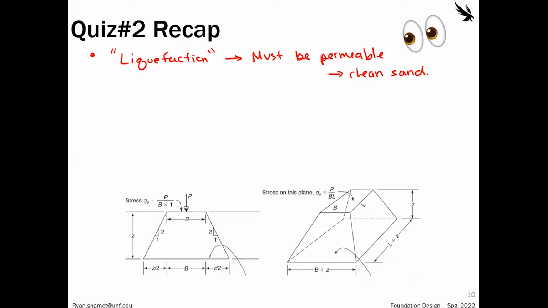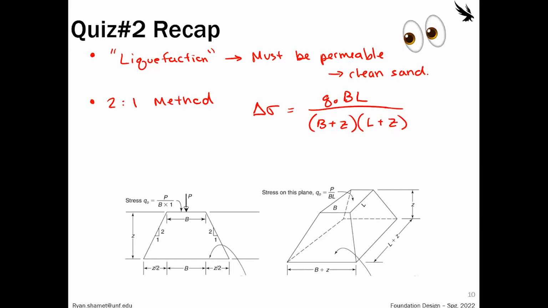The other one that's going to be important to know for this is again that 2-to-1 method to determine the increase in stress. Even though the equation looks kind of weird because there's a bunch of things here, it's easier to remember what it is actually showing. This is showing the load at the surface.